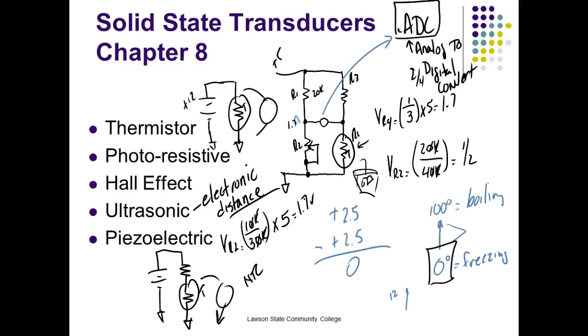Piezoelectric means it generates an electrical signal relative to pressure. The problem is, it's got to be a change in pressure. So we don't use these things to measure pressure, but we can use them to measure a change in pressure, because if the pressure is constant, the piezoelectric crystal would not put out anything.